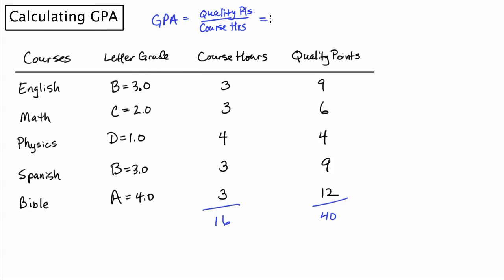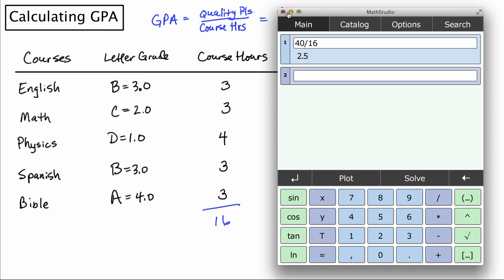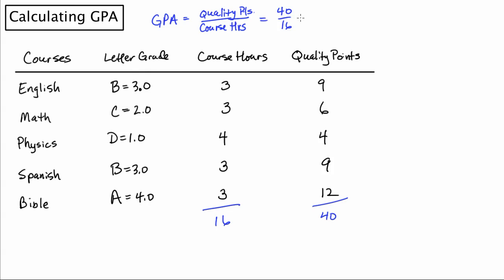Which in this case is really easy to calculate, 40 divided by 16. And if we use our calculator right quick on that, we're going to get 2.5. So we have a total of a 2.5 GPA for that semester.